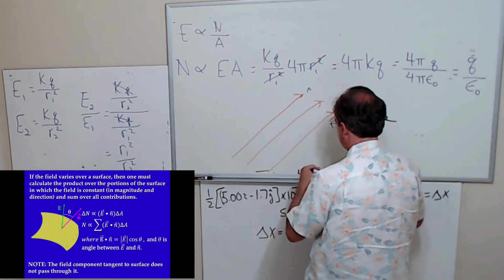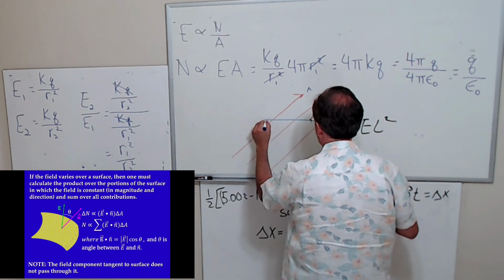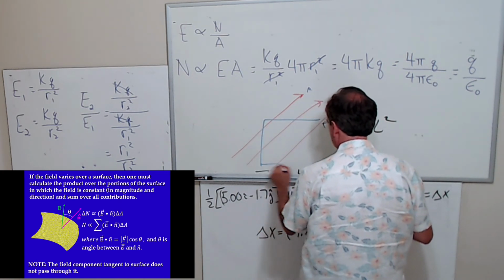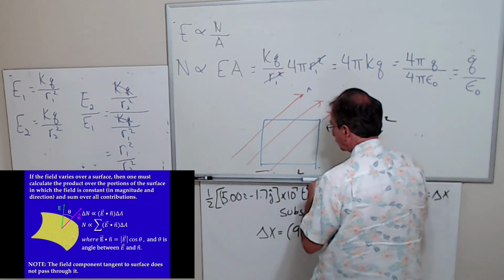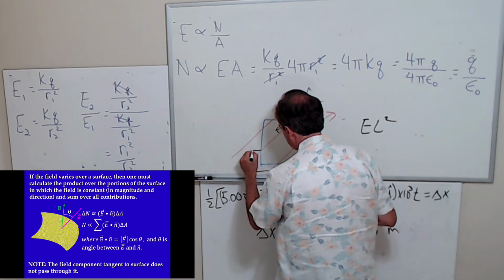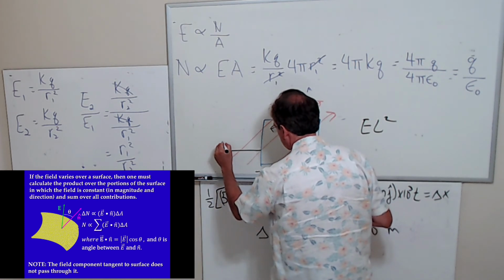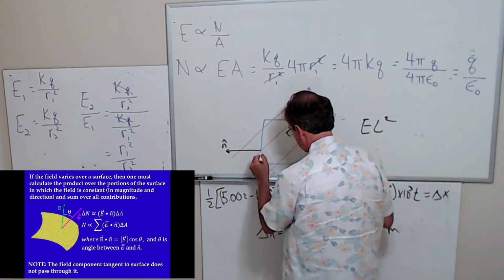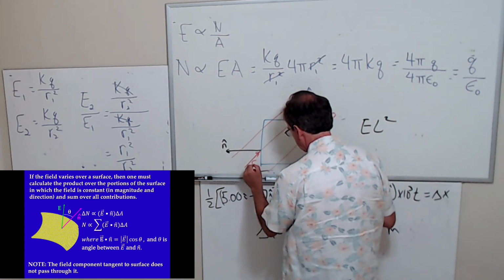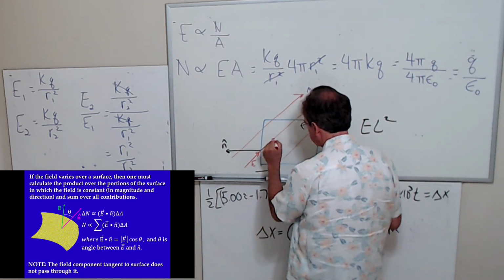And let me draw a box. And let me draw a normal to the surface here. So here's the field penetrating the surface.